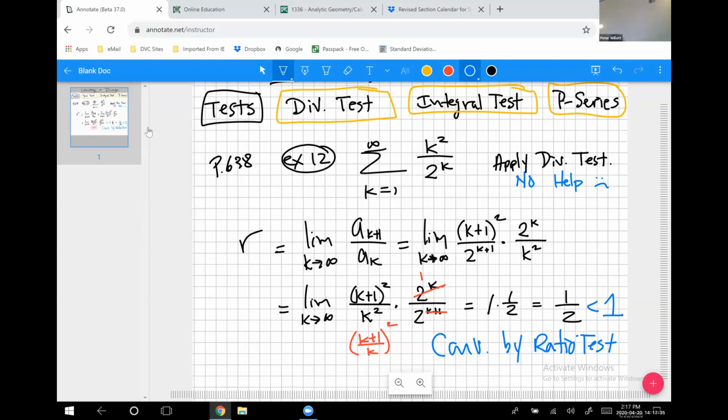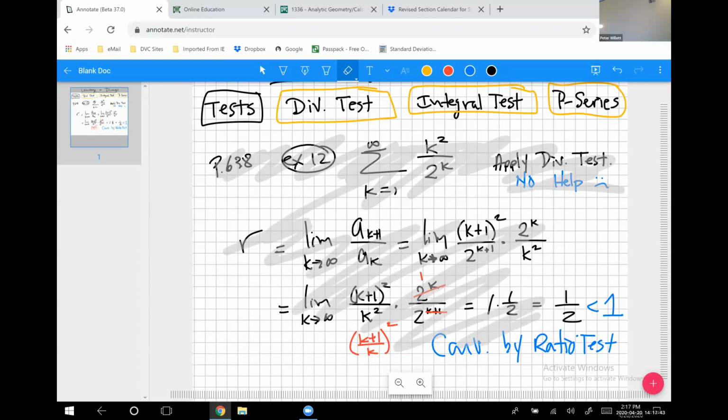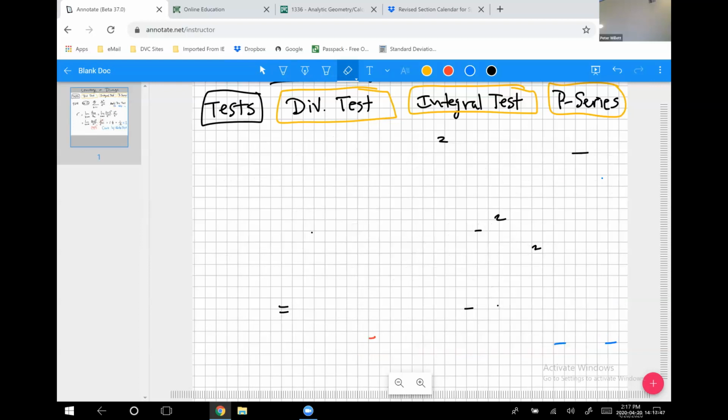So what I'm going to do is erase all of this and add the ratio test as we move into 8.5 and the tests that we get in 8.5. And I think I'm just going to write those down and then we'll do some sample problems. Okay, so we just gave an example that showed in 8.5 we got the ratio test.